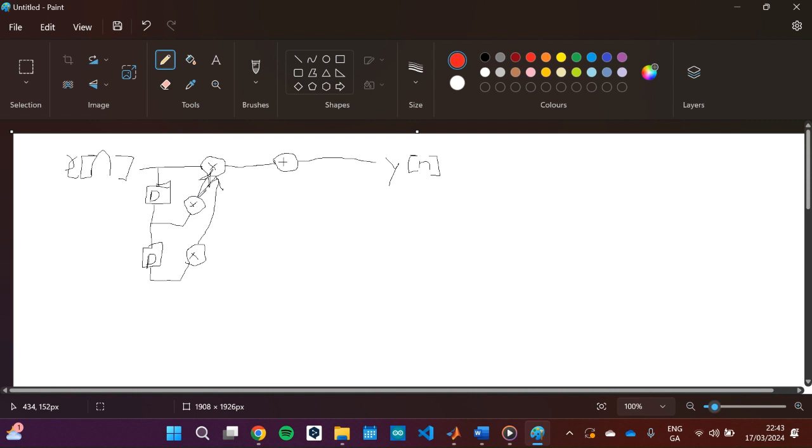I'll just do the reds to show the corrections. Now this will be the delay for y of n minus 1, and this will be the A1 coefficient.